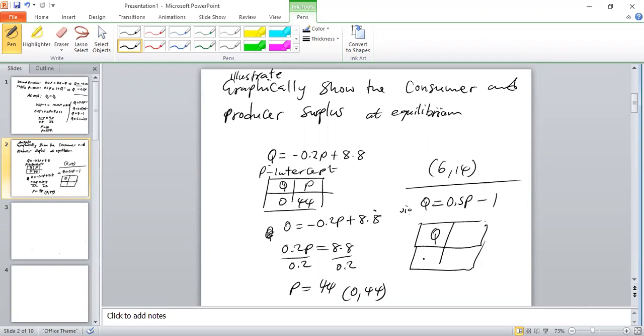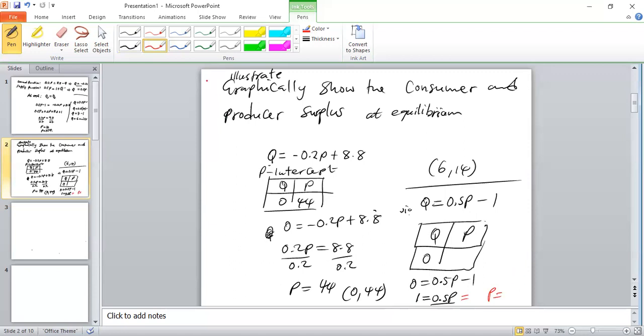So we say Q is 0, we want P. So we replace Q with 0, so it will be 0 is equal to 0.5 P minus 1. Then we take minus 1 the other side so that 1 is equal to 0.5 P. Then we divide by 0.5 on both ends. So when we divide by 0.5 on both ends, what do we get? We get P as 1 divided by 0.5.